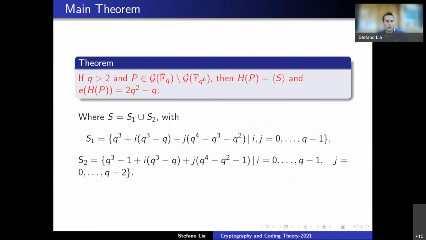Indeed, and this is our main contribution, we can see that a minimal set of generators is provided by this set S, which has size quadratic in the field size.